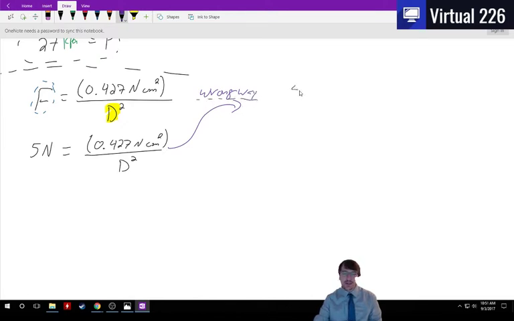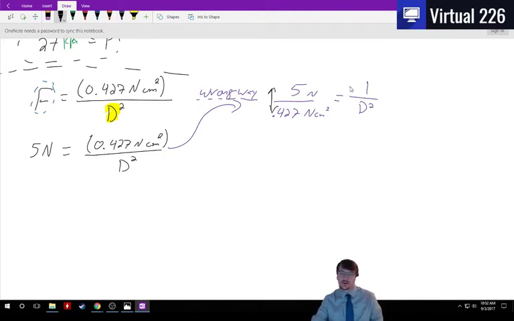If you say, let's divide, then you're going to get 5 divided by 0.427 newtons centimeters squared, and there's newtons up here, equals 1 over d squared. But this d is in the denominator, it's stuck there. I don't want that. If I did accidentally do this, what you can do is take a reciprocal of each side, and you can only do this because it's a full multiplication and division.